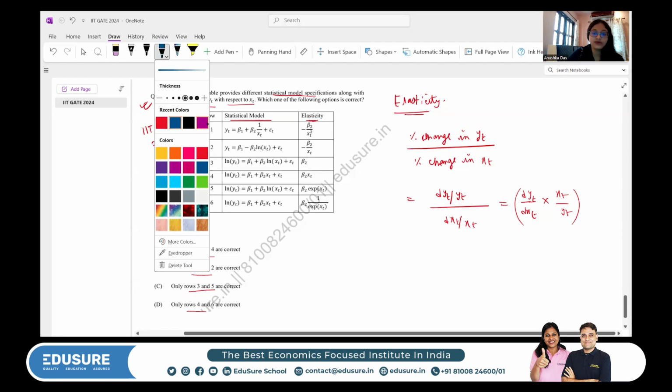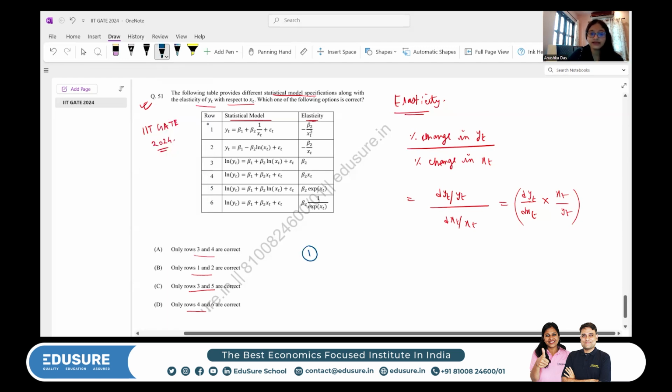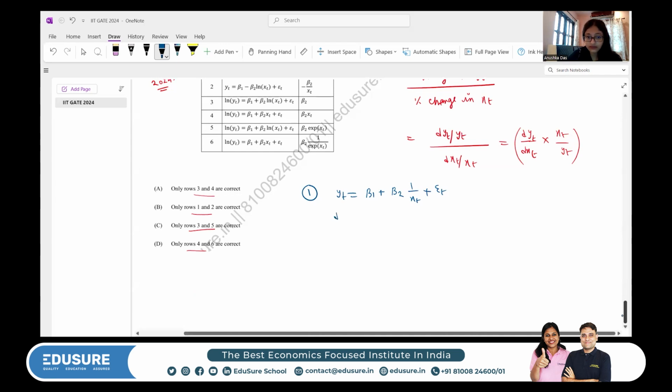Now, in order to find out the elasticities, you have to individually consider the models. So YT is given to you as beta 1 plus beta 2 1 by XT plus epsilon T, right? Now, what will be dYT/dXT?